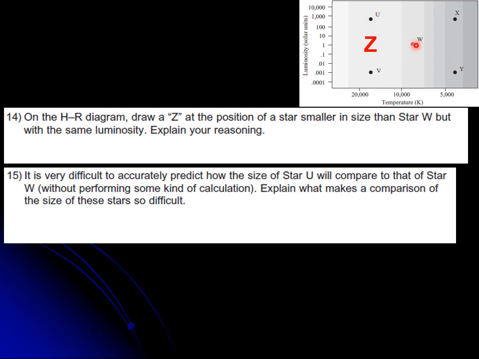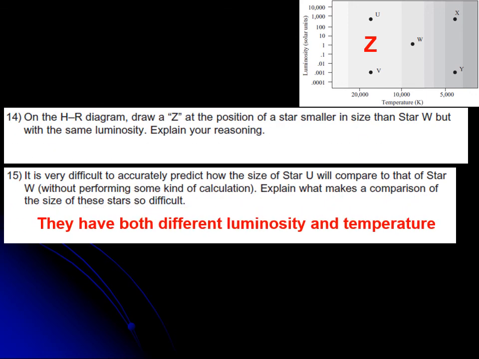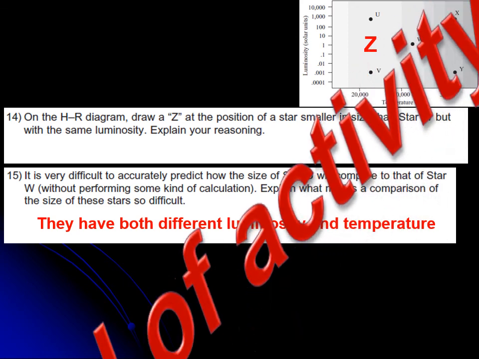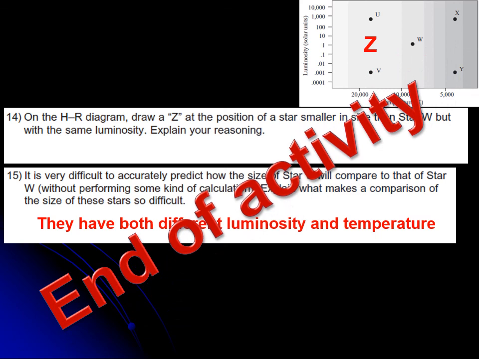And the same for this one. So we have two variables acting at the same time, and we cannot tell which one is larger. They both have different luminosity and different temperature. And this is the end of this section.